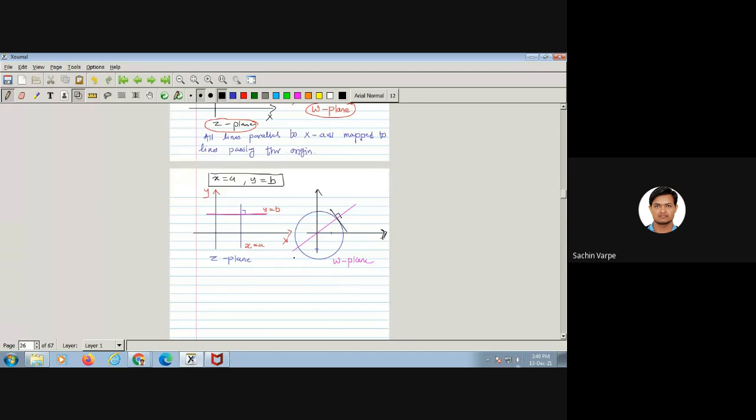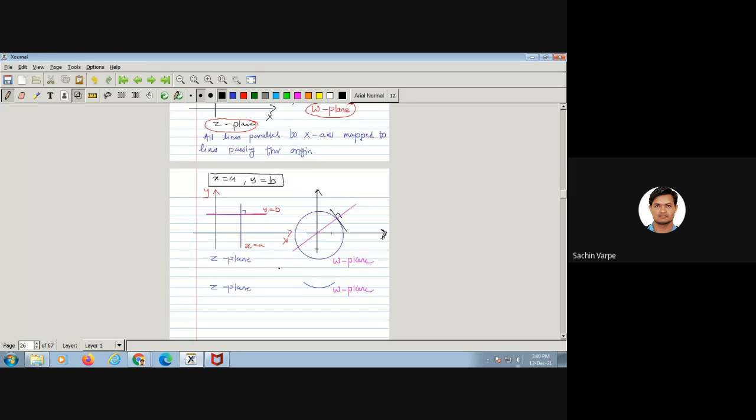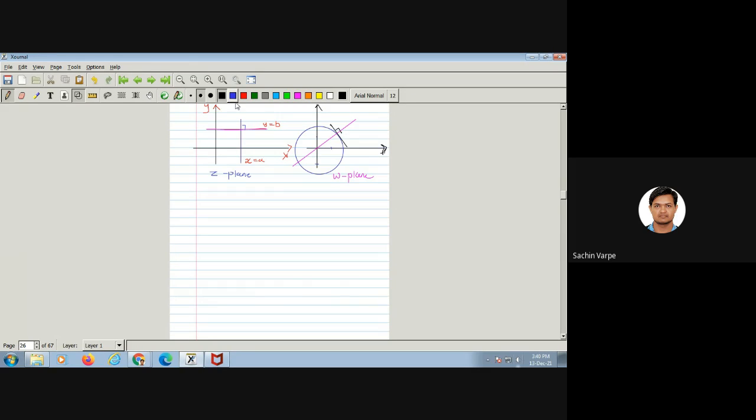So we have seen the straight lines parallel to the y-axis map to circles, and straight lines parallel to the x-axis map to the radial lines passing through the origin. ठीक है? We can say like this also.